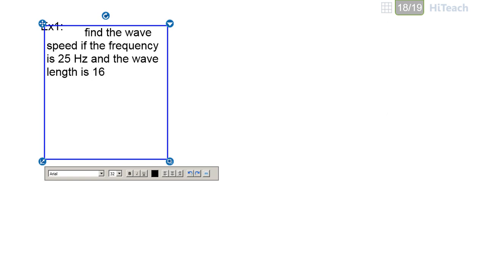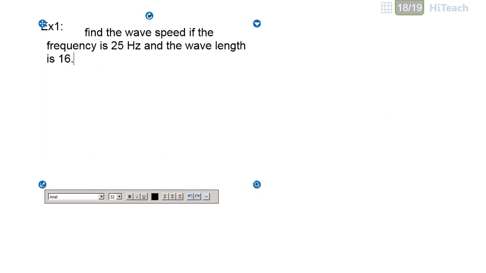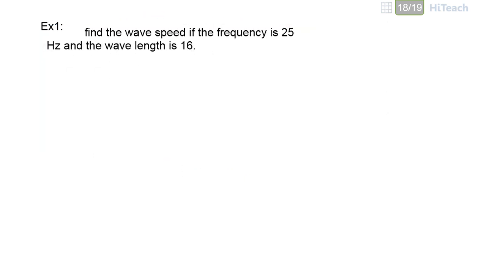How to find this one? The first step is to identify the given information. We have the frequency, which is 25 hertz, and the wavelength, which is 16 meter. So depending on this information, I want to use the formula that has frequency and wavelength together.